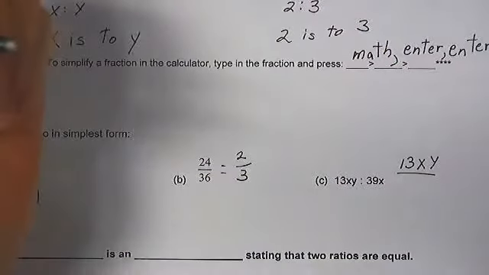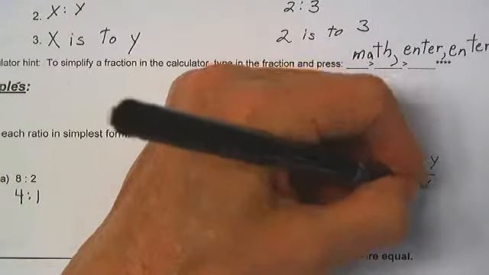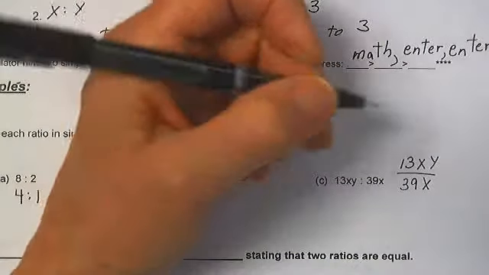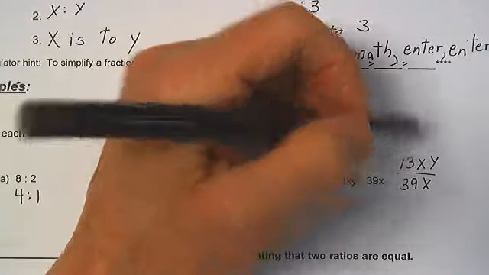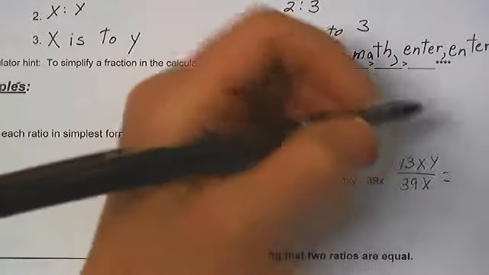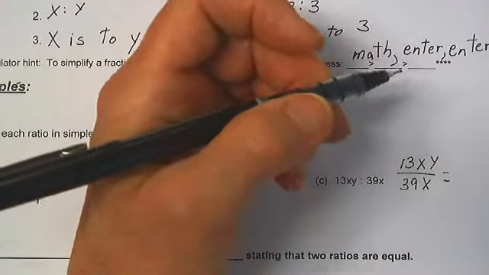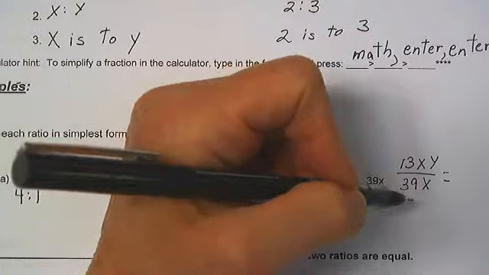13xy is to 39x. 13 over 39 will simplify to 1/3. X divided by x is simply 1.